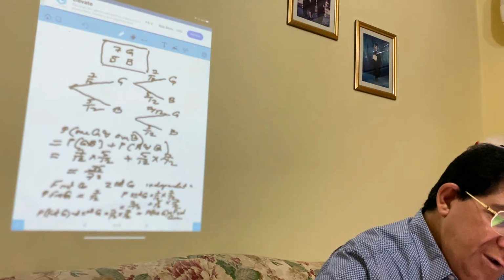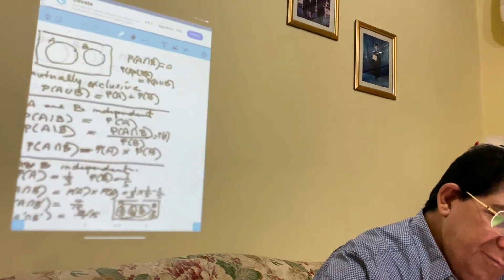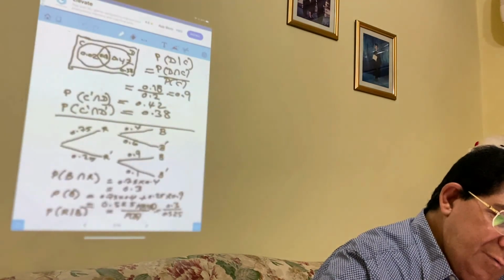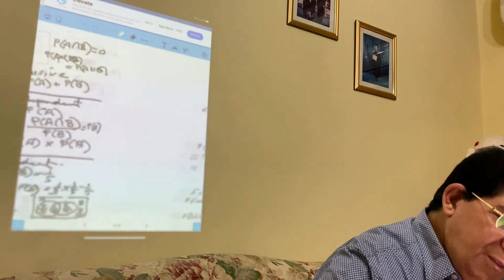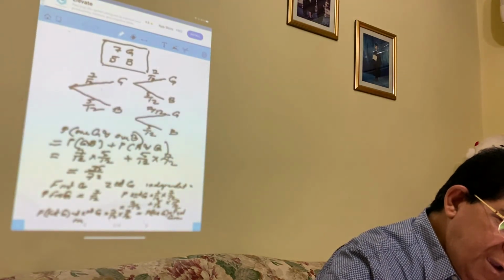Therefore, the two events are independent.